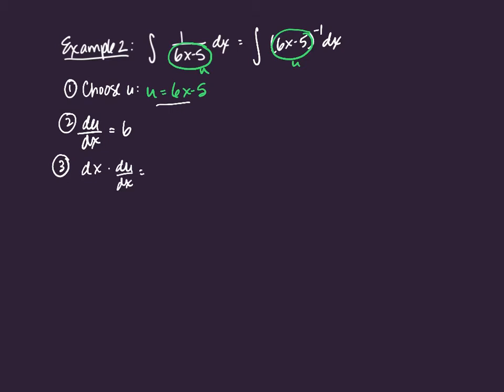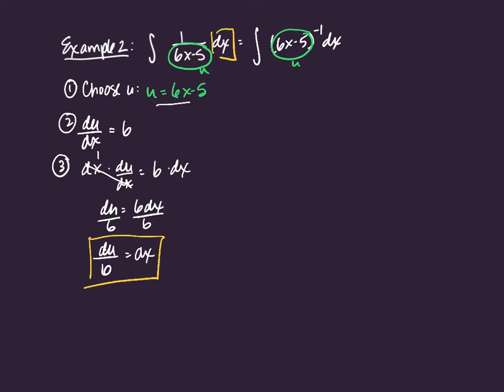We're going to multiply both sides by dx. And we get du equals 6 dx, and then divide by 6. So du over 6 is equal to dx. So that's what we're going to replace for dx. So we're ready for step 4.